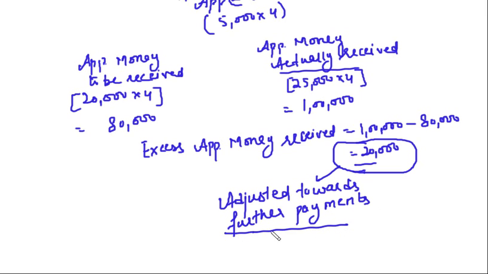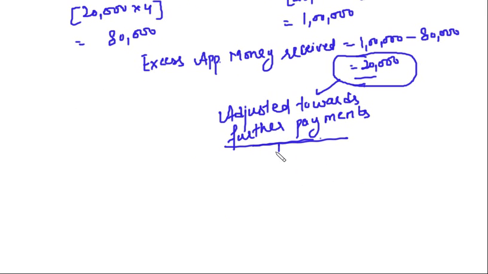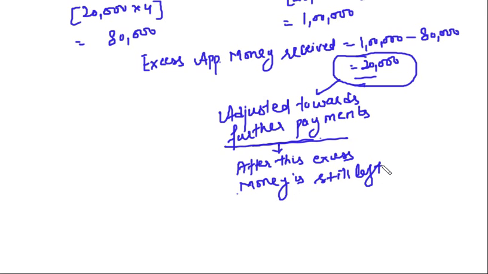This excess application money received will be adjusted toward further payments, and if after this excess money is still left, that will be refunded.